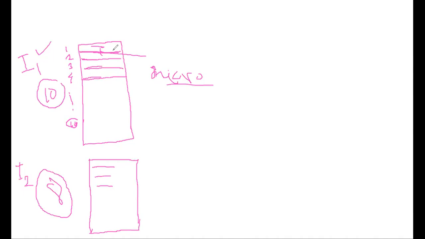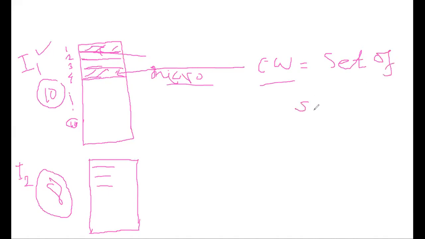And these micro instructions are actually called a set of signals. This is called the control word. What is that term? You remember this term, control word, CW. Control word means a set of signals.